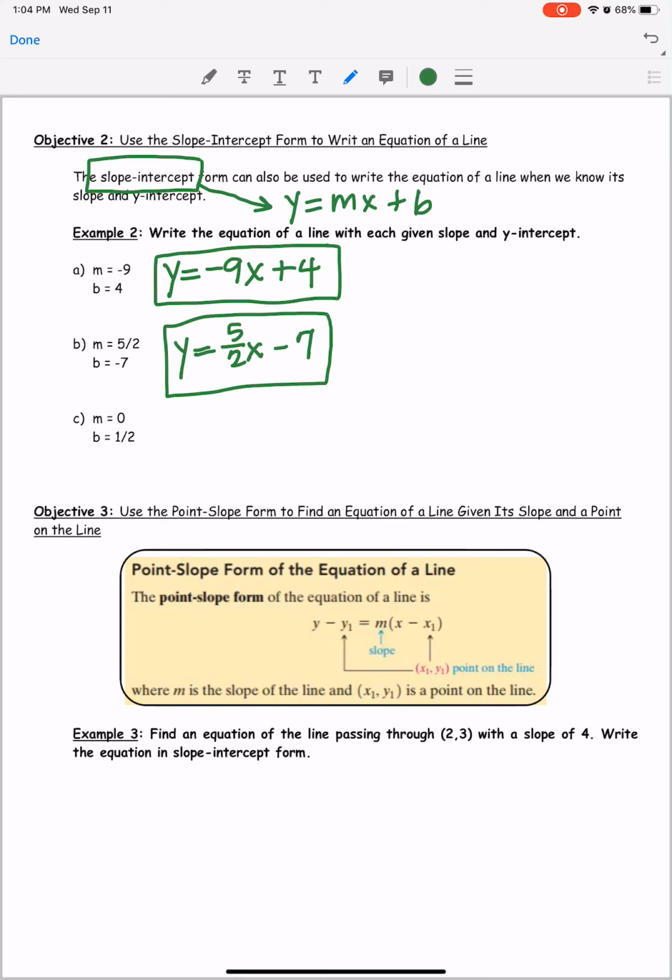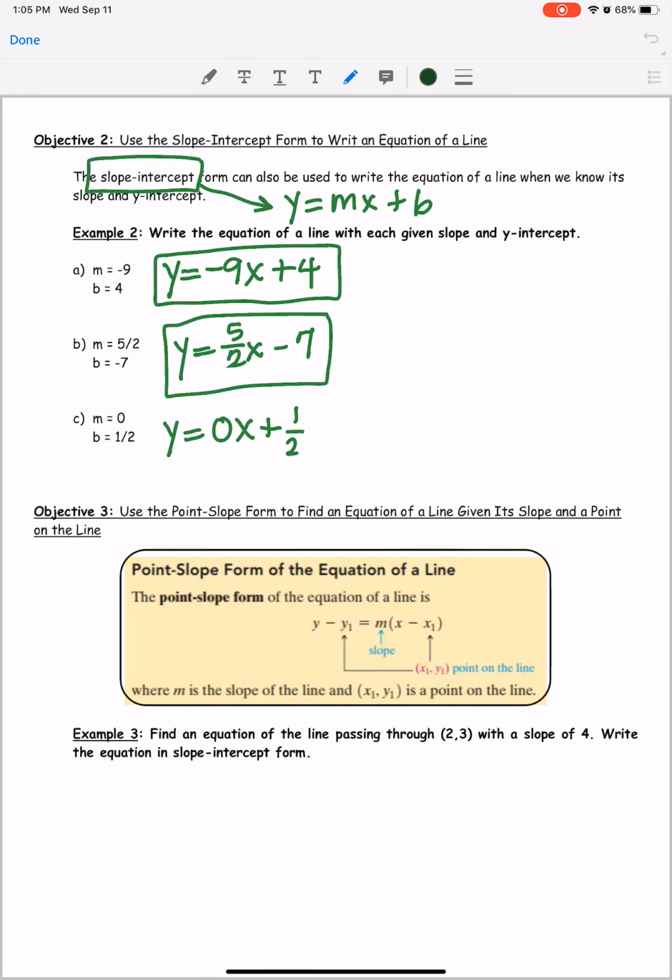Okay, and then c, we've got y equals mx. Well, my m is 0. So I've got 0x plus b. Again, it doesn't matter that that's a fraction, plus 1/2. Now this one can be simplified a little bit further.